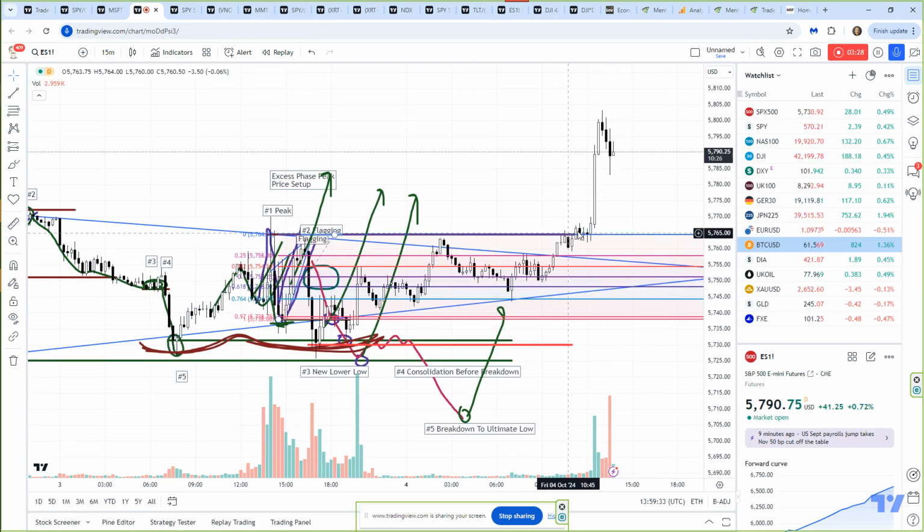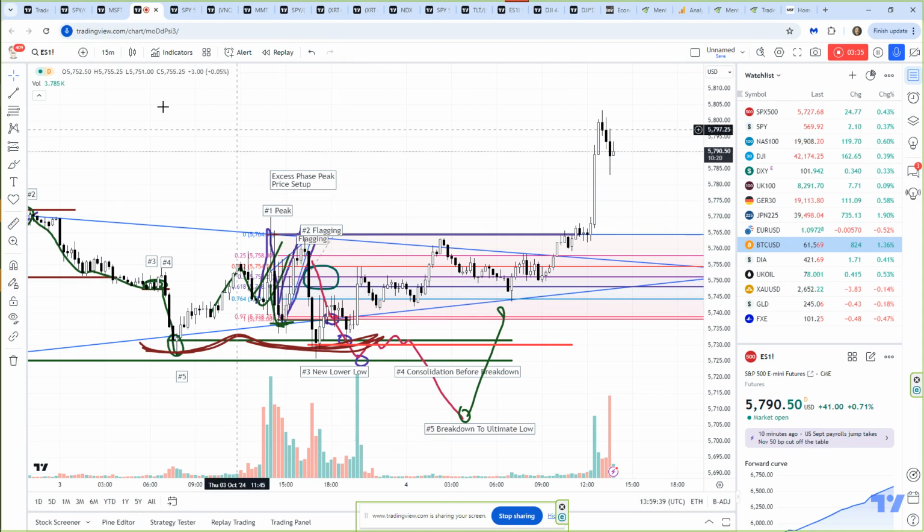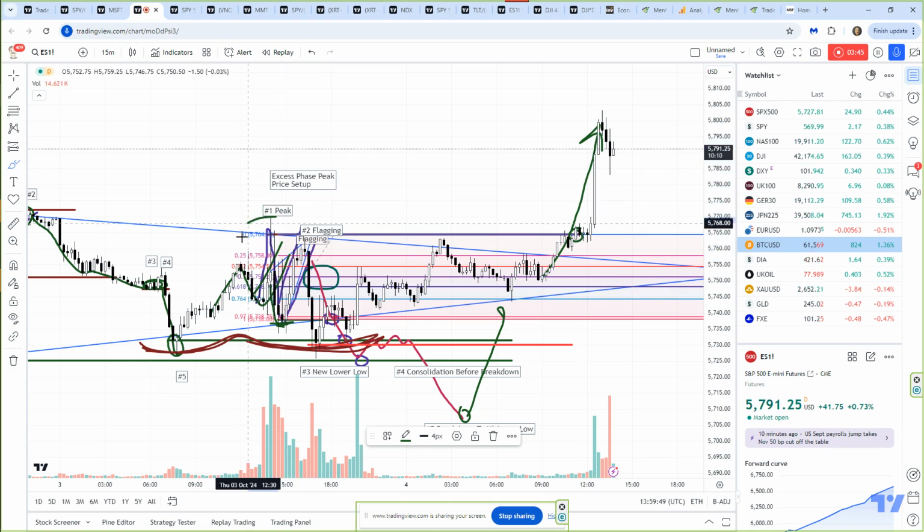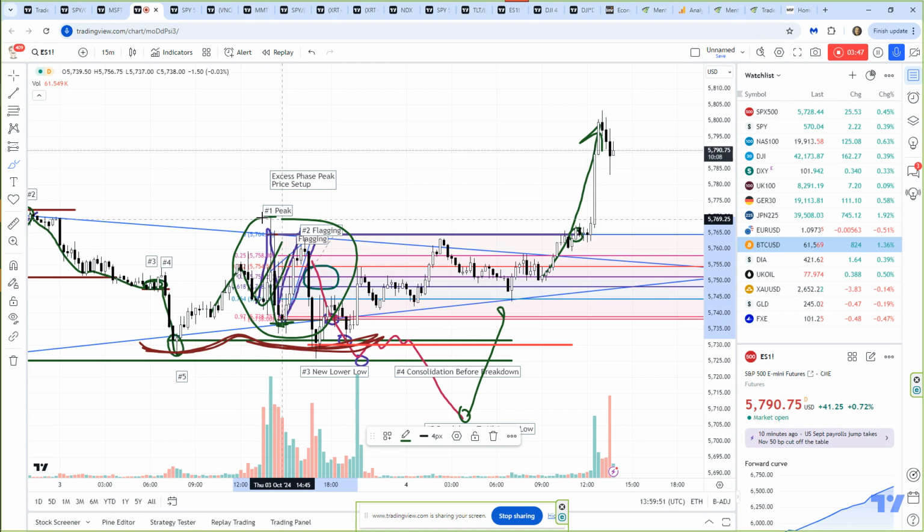So at this point, this is rejection right here. This close above this level right here, closing above, reaching a new high, was rejection of this excess phase peak pattern.